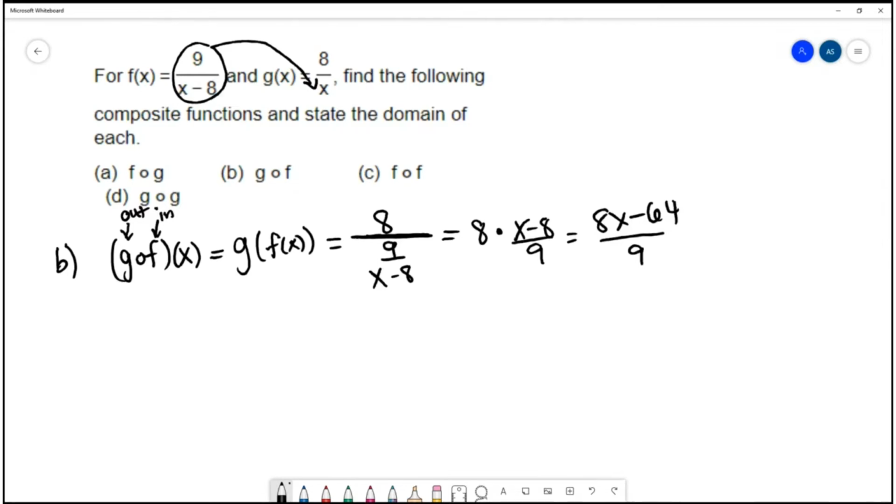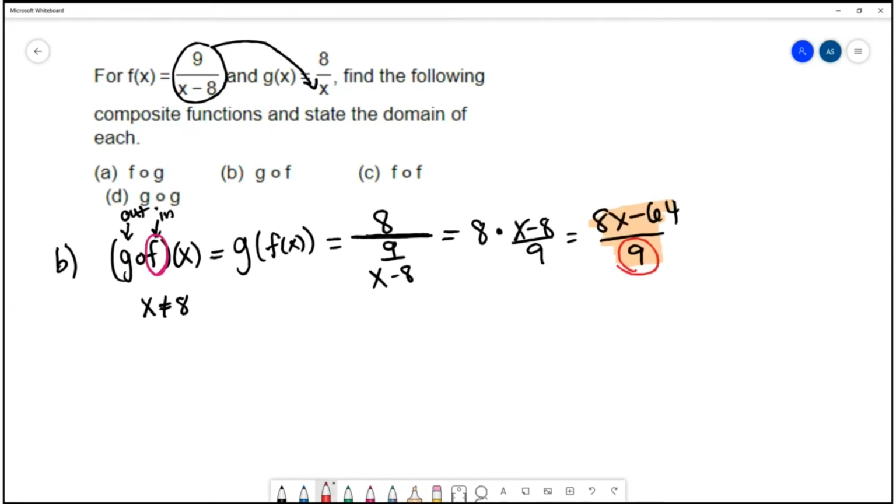Now thinking about domain, we're going to start by excluding any values of the inside function. So we found earlier that 8 is a restricted value for f. And then we're going to look at our final answer to see if we get any more restricted values.